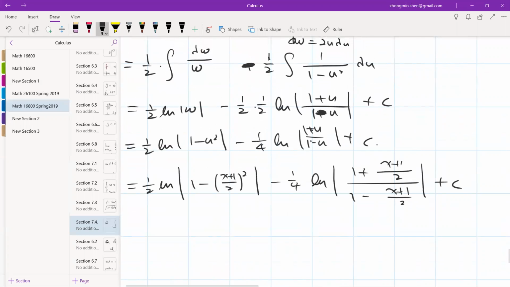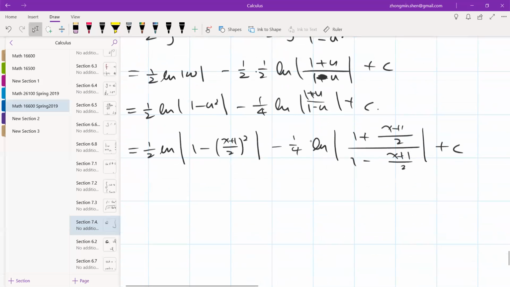Okay, and you simplify a little bit, you can get it. So this is the answer, okay? I did not decompose the function. I'm still able to do that.